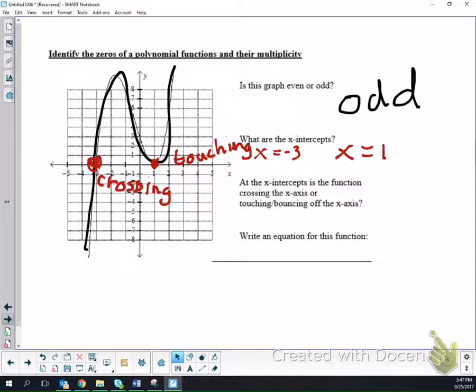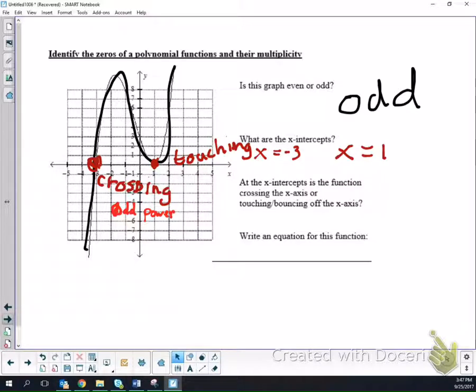Now, this is important for us to be able to write our equation down. If it's crossing, one thing that I know from it crossing is that it is going to be an odd power.